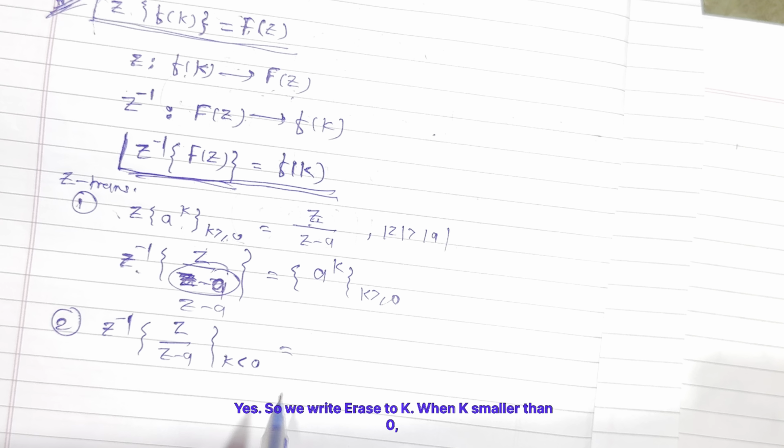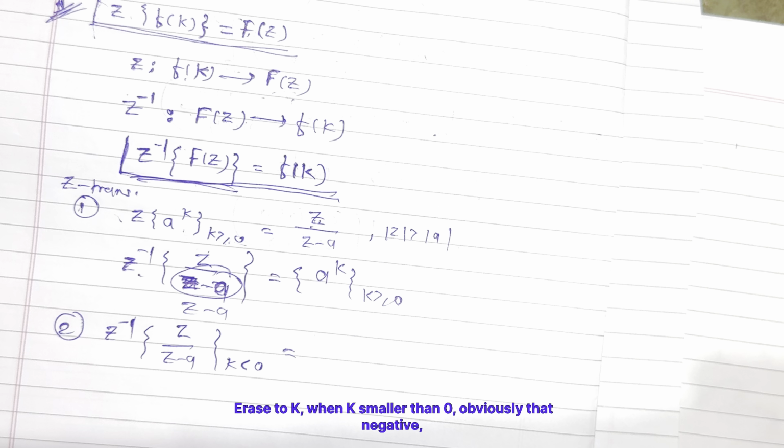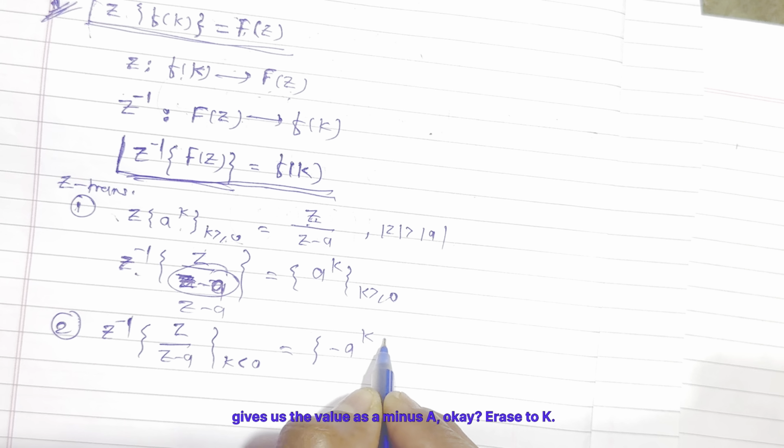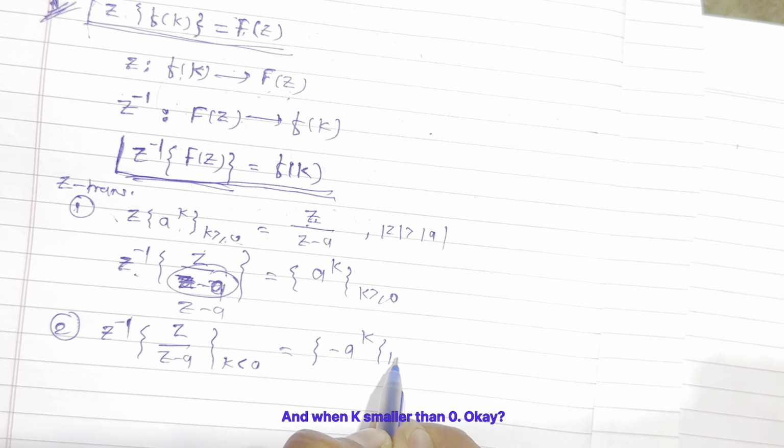So we write a raised to k when k is smaller than 0. Negative k means all the negative values, and those give us the value minus a raised to k, when k is smaller than 0.